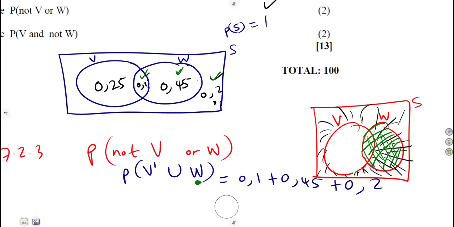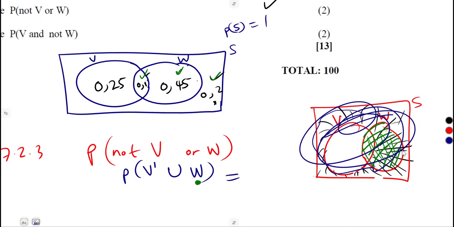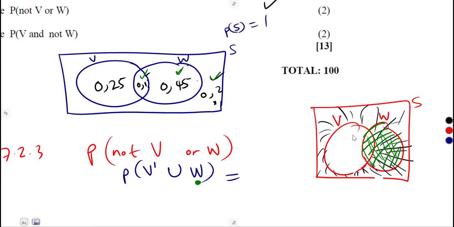Or you can say, since this whole section is what we need, and it is the V only that we do not need, simply subtract it from 1.